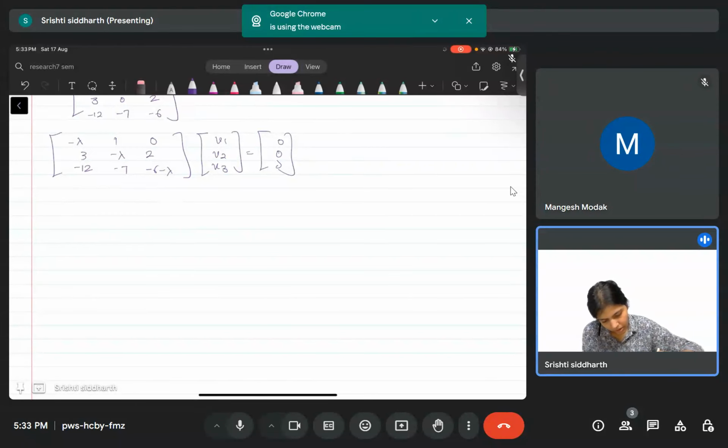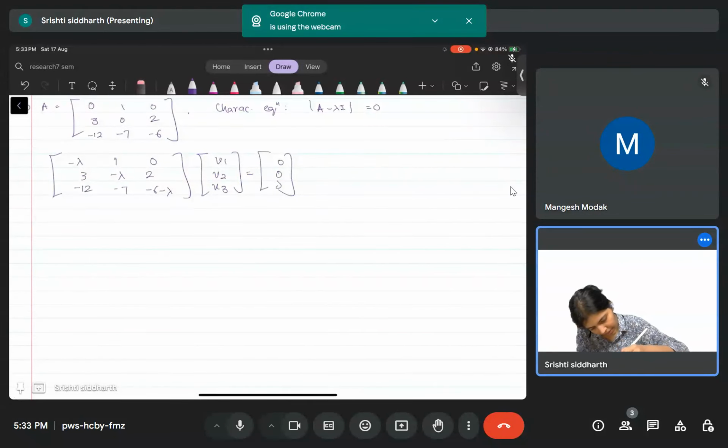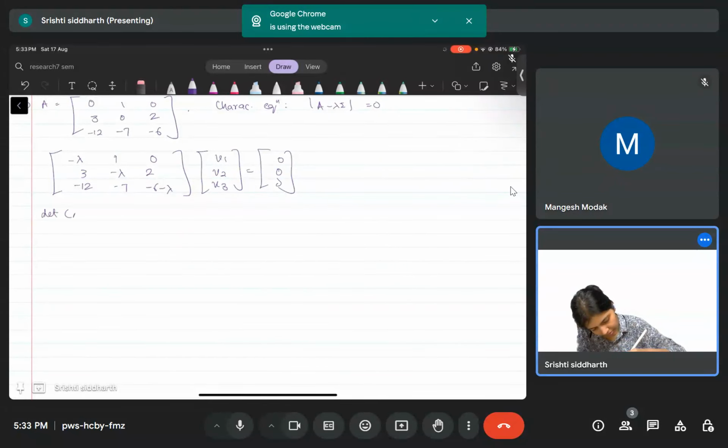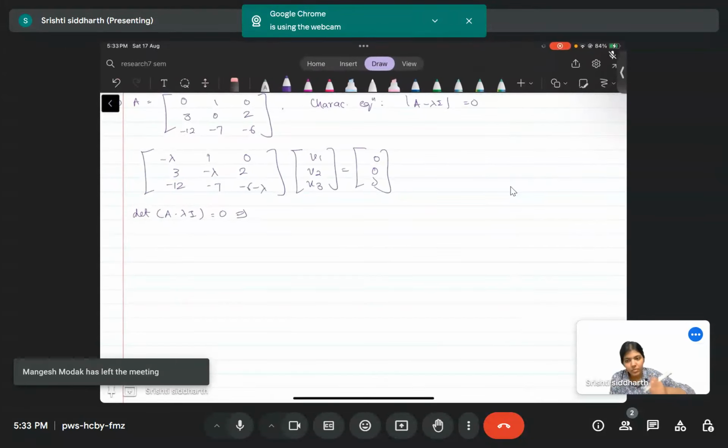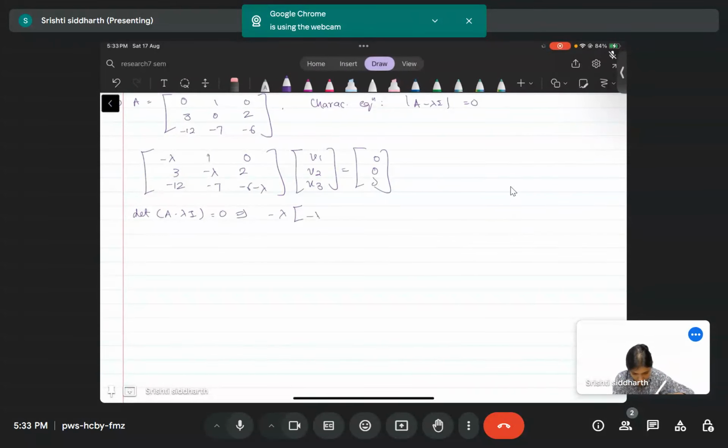So now we need to find the determinant. Minus 6 minus lambda, right? That's 24. Let's check this again.